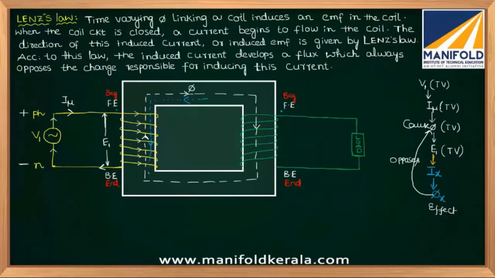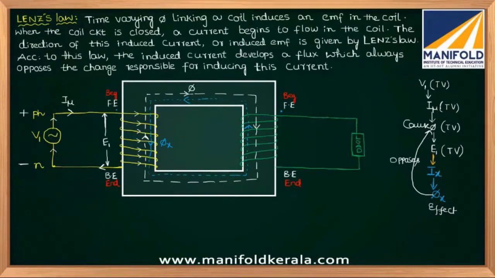So let me complete this path. Is it clear, everybody? Now some people may have a doubt: Sir, you already showed phi x, but phi x is produced because of IX.